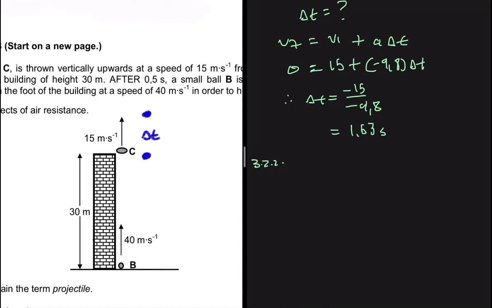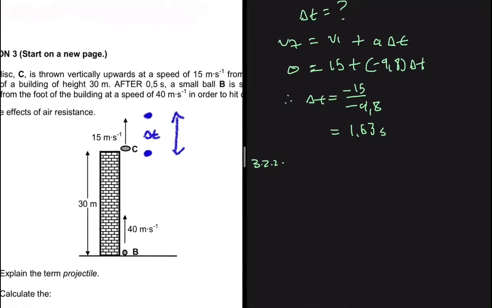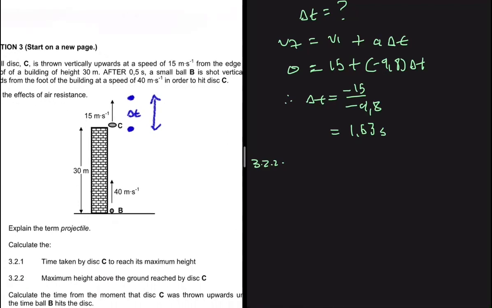With that information, we can attempt finding the distance from the top of our building until maximum height. And then with that distance, we just have to add 30 meters. After we add 30 meters, we have the maximum height above the ground reached by disk C.